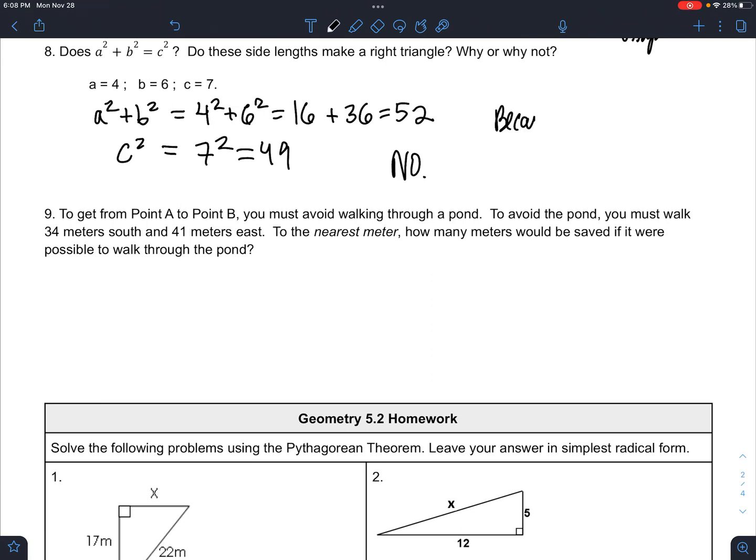So because a squared plus b squared does not equal c squared, the triangle is not right. That's actually called the converse of the Pythagorean theorem. Well, actually, I take that back maybe. I'm not sure we would call that. I don't think I've stated it right.